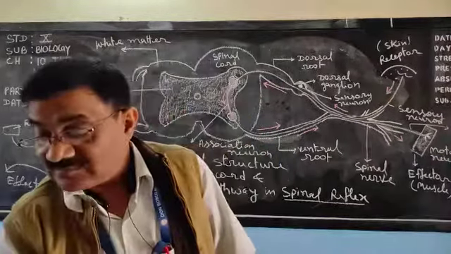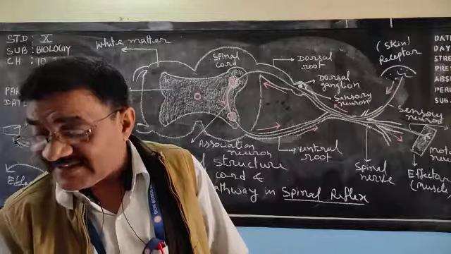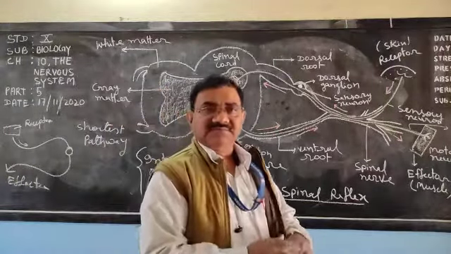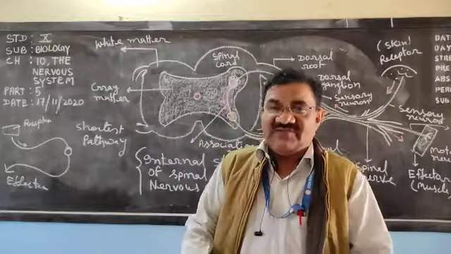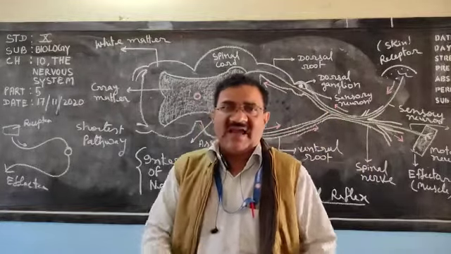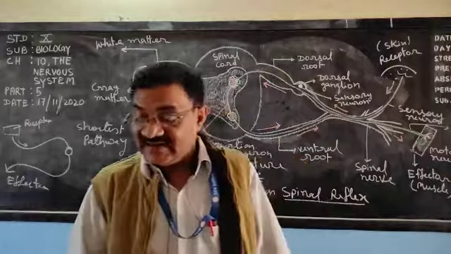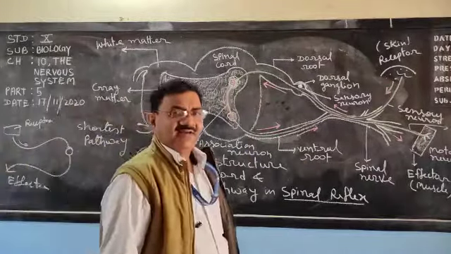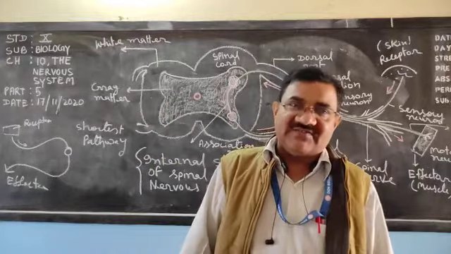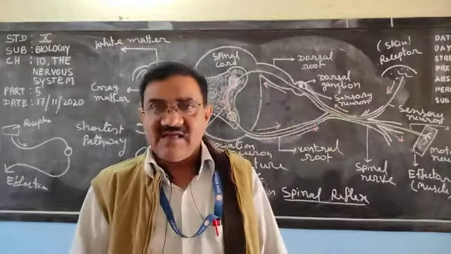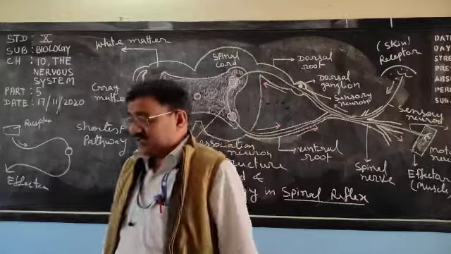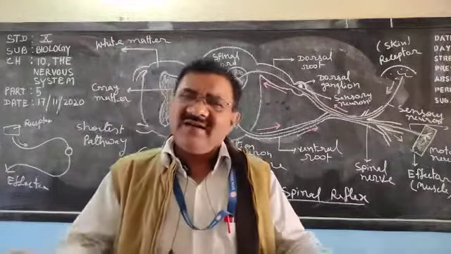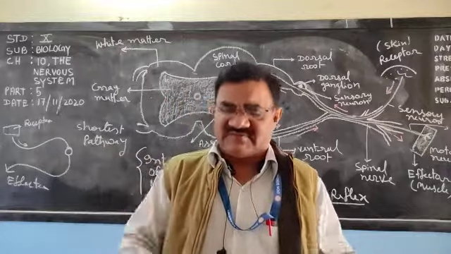Okay. Now that part is clear. We have discussed the central nervous system, in which we discussed brain and spinal cord in detail, and after that we were discussing the peripheral nervous system. Dear children, peripheral nervous system, as I have told, means made up of the nerves, all the nerves.